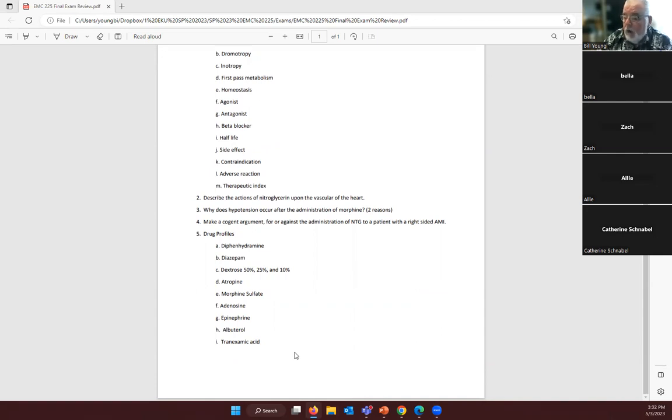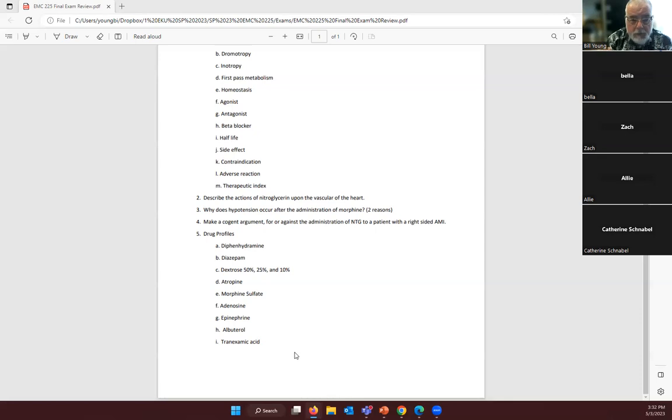So know every section of the drug profile that we went over, but you don't have to know everything about all of these drugs. Basically what I'm looking for from you guys, and this will be short answer, just a free response, is: what is the category of the drug?